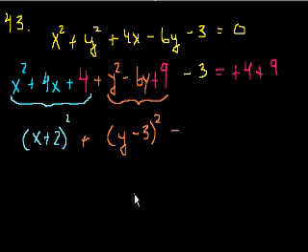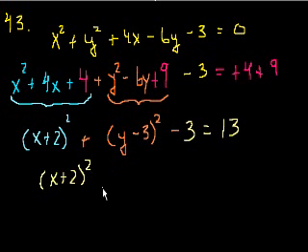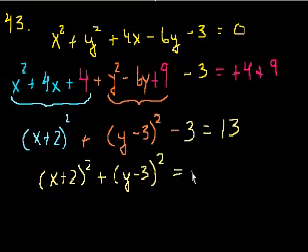Minus 3 is equal to 4 plus 9. 4 plus 9 is equal to 13. Let's add the 3 to both sides of that equation. So you get x plus 2 squared plus y minus 3 squared is equal to 16.